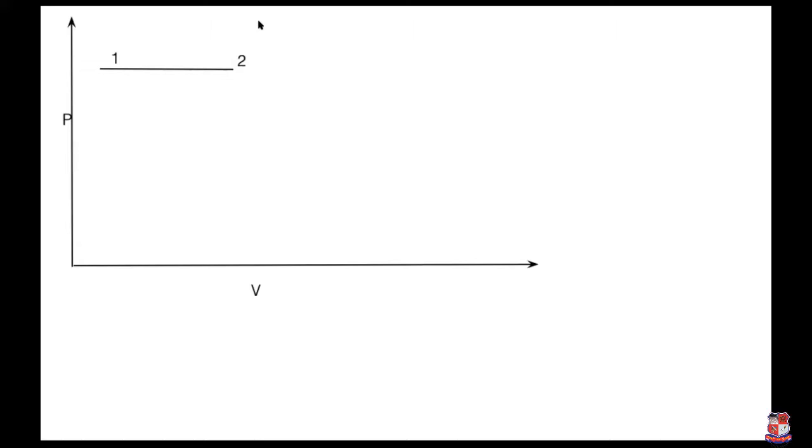Now draw one hyperbolic line from these two. Some difficulty is there with the hyperbolic line when drawing it. So it is state 2 to state 3.